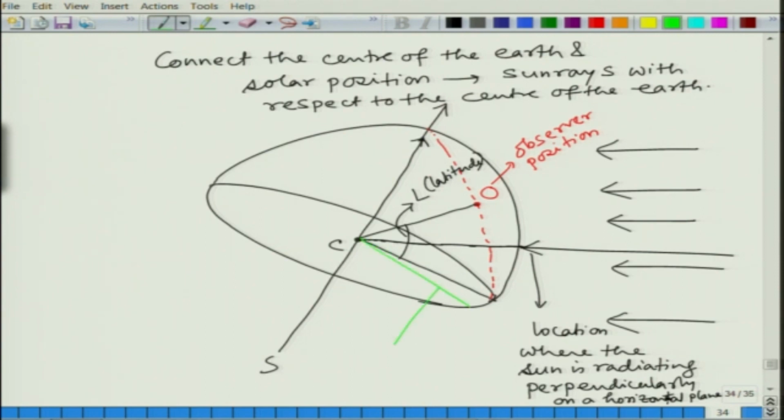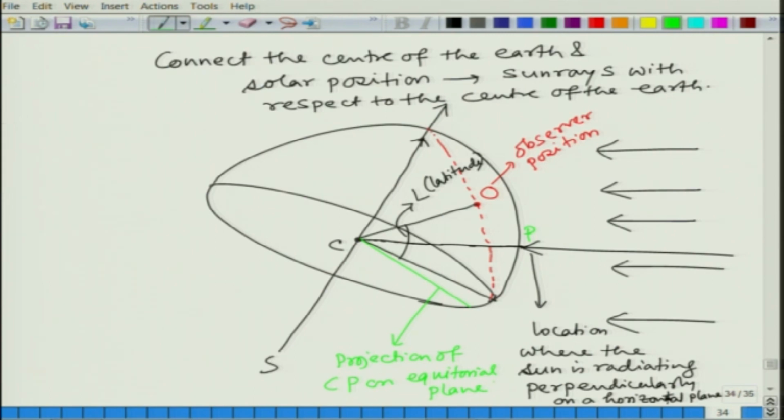Let me also name this perpendicular point, let me say P. So this particular green line is the projection of CP on the equatorial plane.